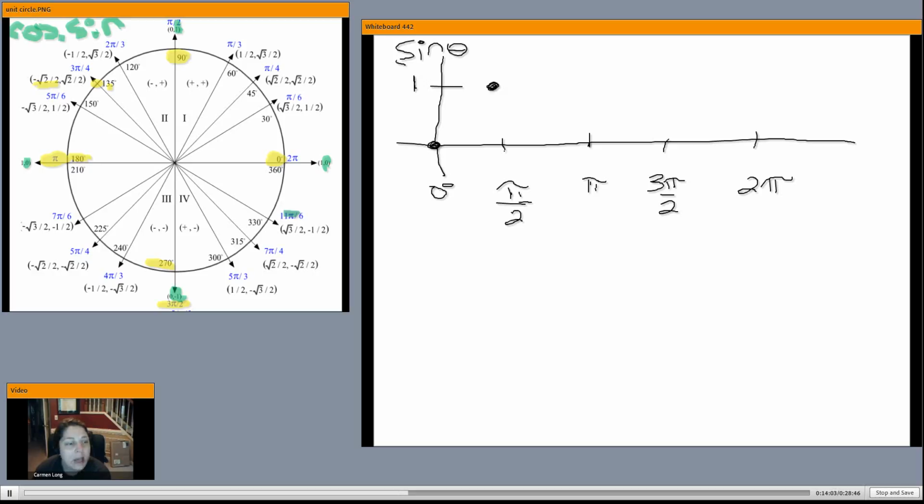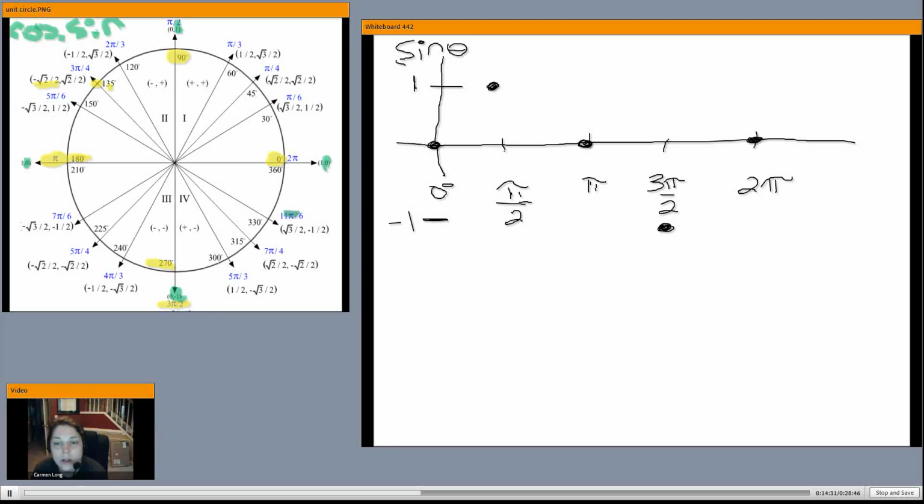At pi, or 180 degrees, sine is 0. It's right there in the ordered pair, so I'm back to here. And then at 3 pi over 2, or 270 degrees, sine is -1. So I'll be down here at -1. And then at 2 pi, or 0 degrees, or 0 pi, all coterminal, sine has a value of 0. And I'm just getting that right from the ordered pair.